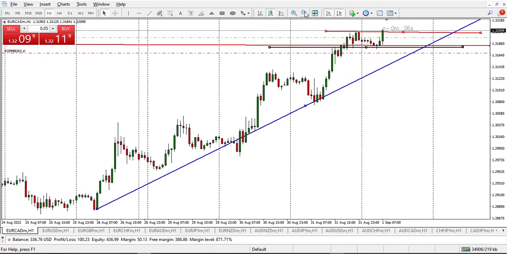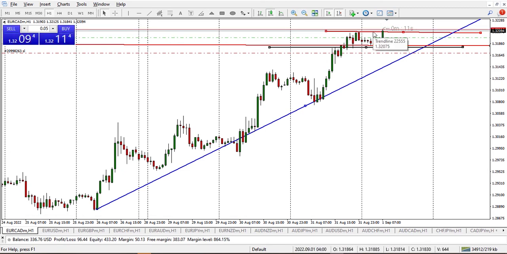Let me show you something. Imagine we saw that this structure here has been broken, right? We took this trade here, the market moved, came back, it couldn't break, and it continues. It means that we would have been in this market for this long time till this level here. So that's the reason why I'm giving this explanation, for you to see what happens.